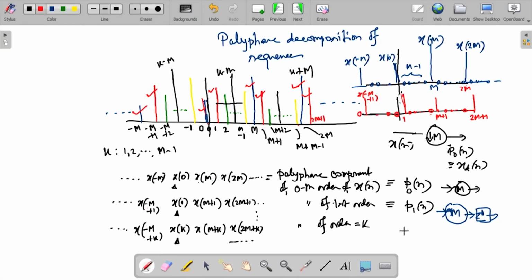So if now you take P2[n], again expand by M and then pass it through 2 delays. What is P2[n], or maybe say Pk[n], take a general case.